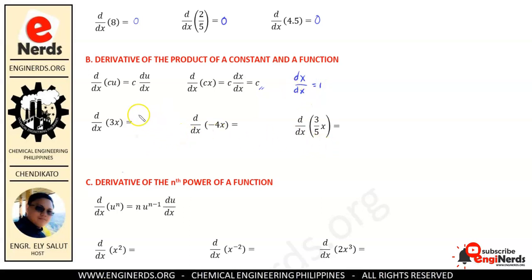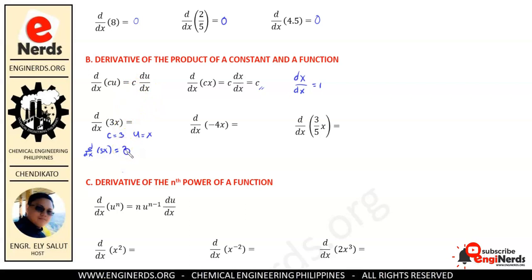Okay, so we have here the derivative of 3x with respect to x. Okay, so in here, ang ating c is equal to 3 dito, no? Comparing here. And our u is equal to x. Therefore, the derivative of 3x is equal to, so yung c inilabas lang natin, no?